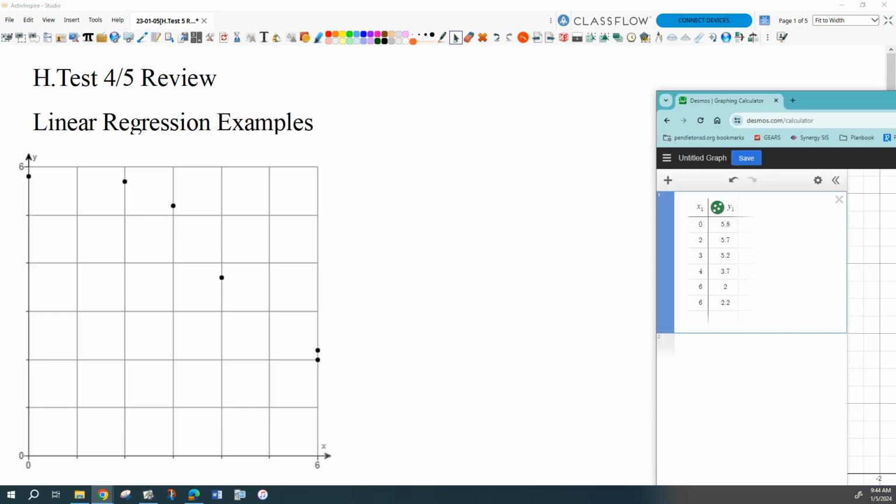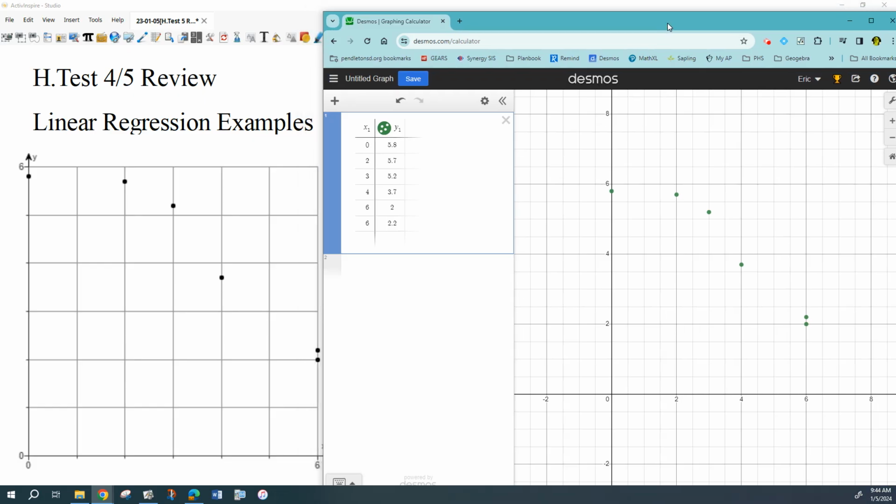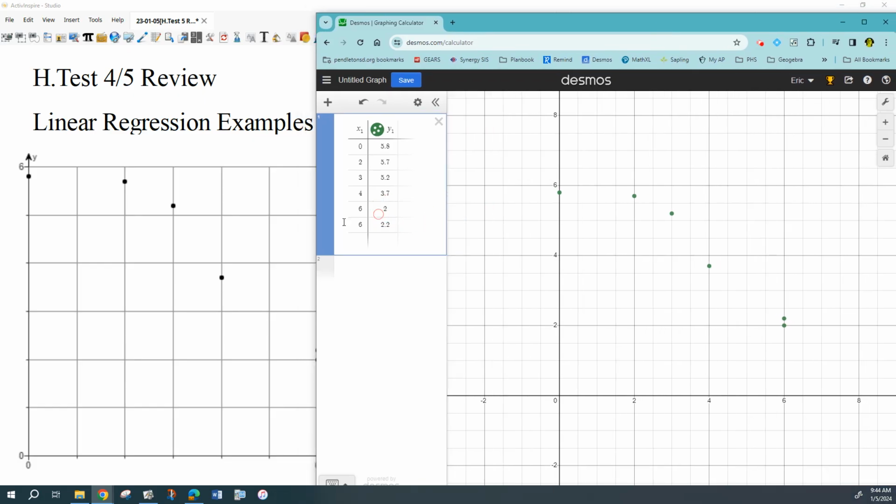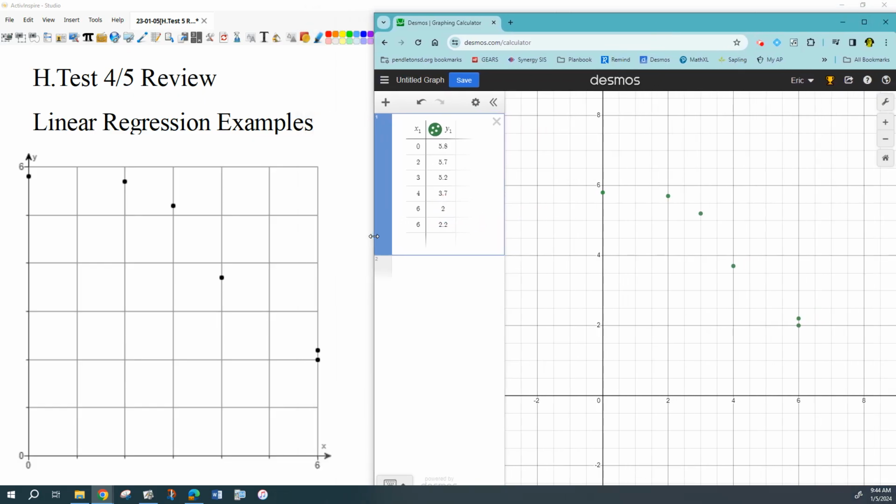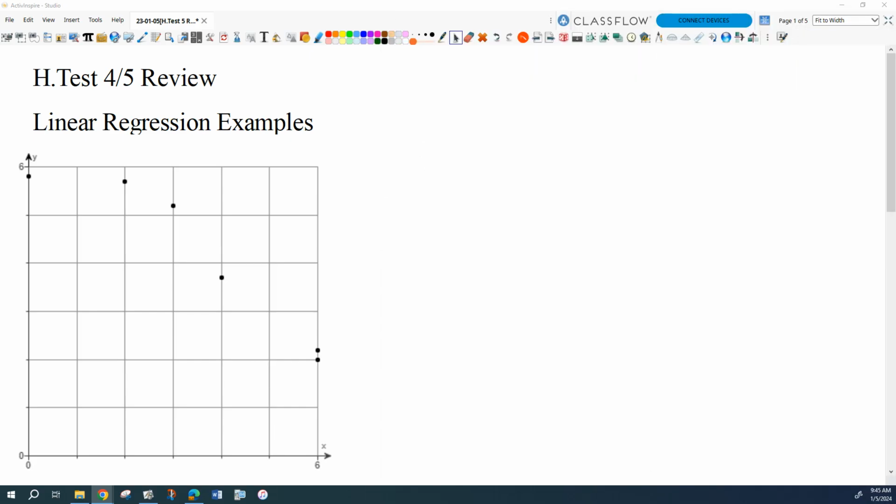Pretty darn close. Right? Of all the choices, that's going to be the obvious choice. So really, you're just using the technology to create a scatter plot, and you're verifying that you can make a scatter plot. So that's no big deal. Okay, part 2.